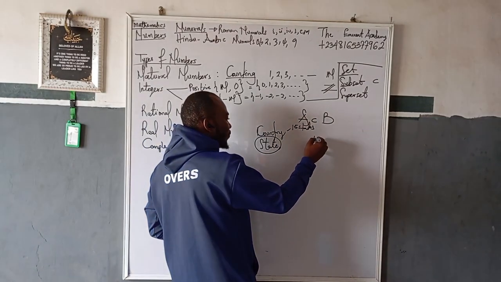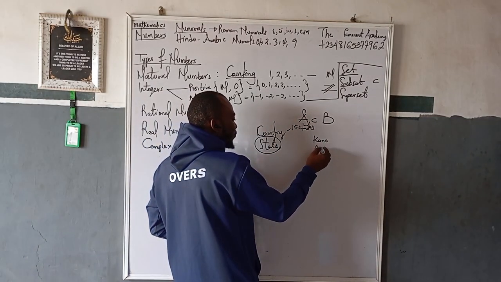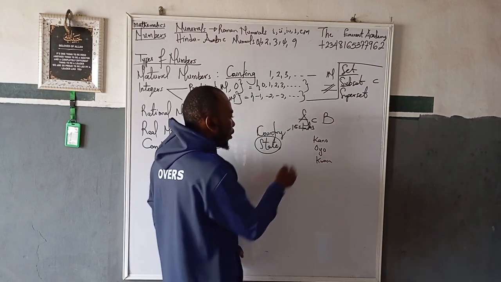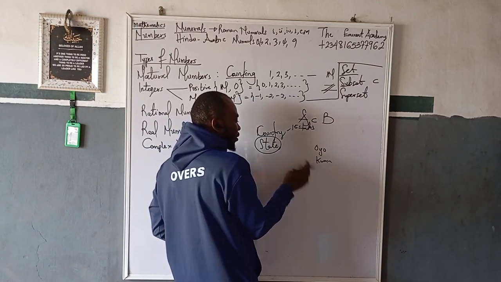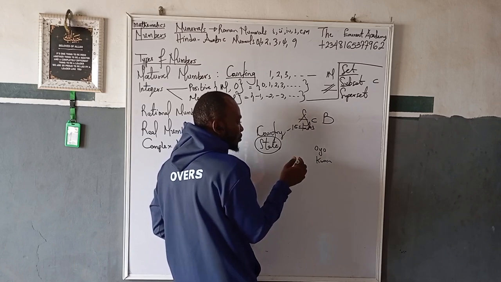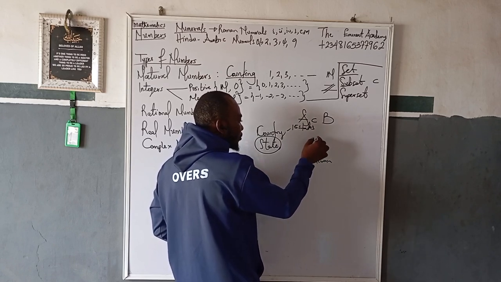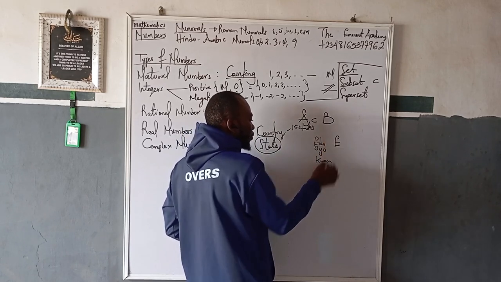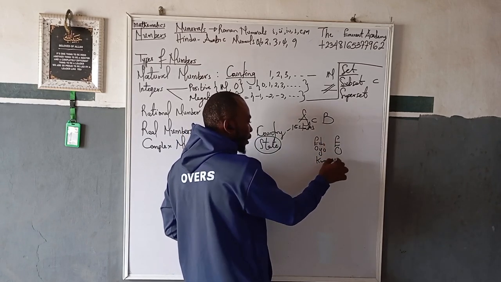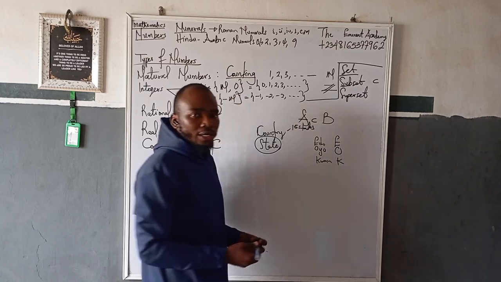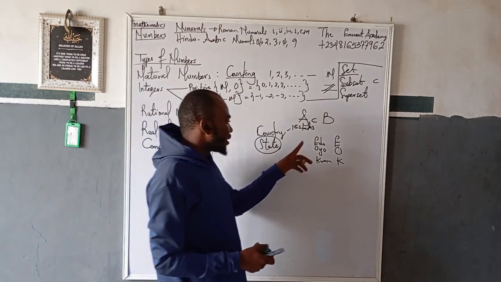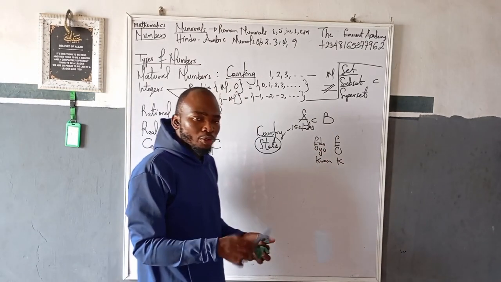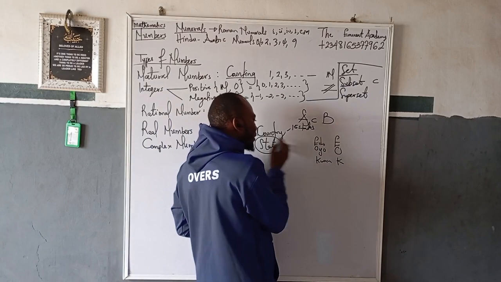In Nigeria, we have Kano State, Oyo State, Kwara State. Let me use Edo State. If I use E to represent Edo, O to represent Oyo, and K to represent Kwara, if someone says I am an indigene of Edo State, that means compulsorily the person is a citizen of Nigeria.